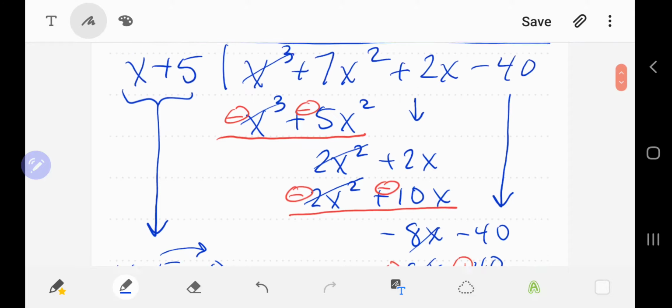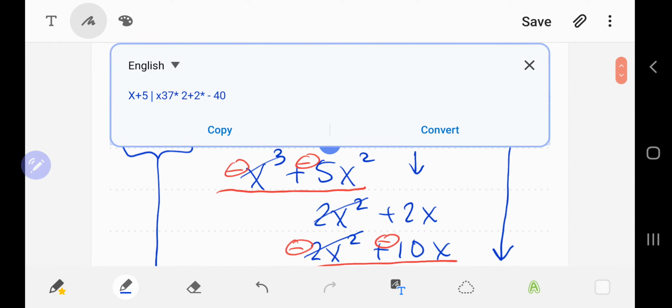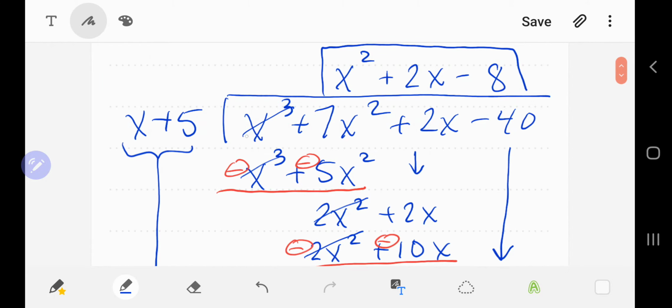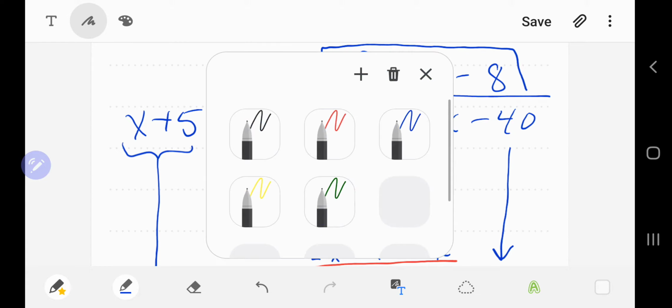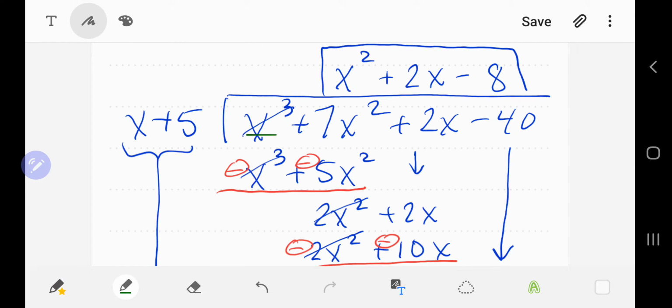Then we're going to come up here to the dividend, and we're going to grab the coefficients. The coefficients would be 1, 7, 2, and negative 40.